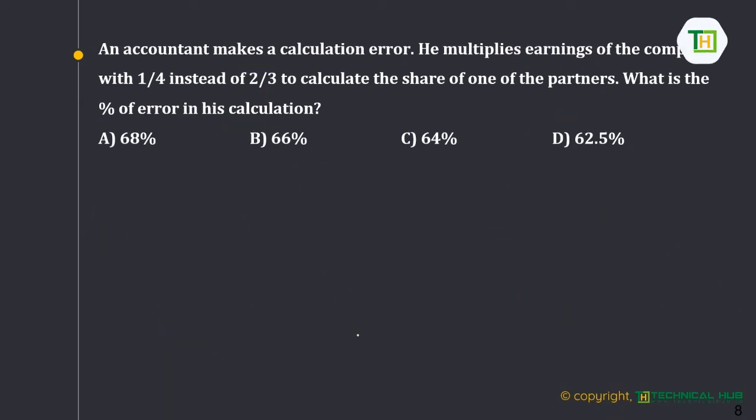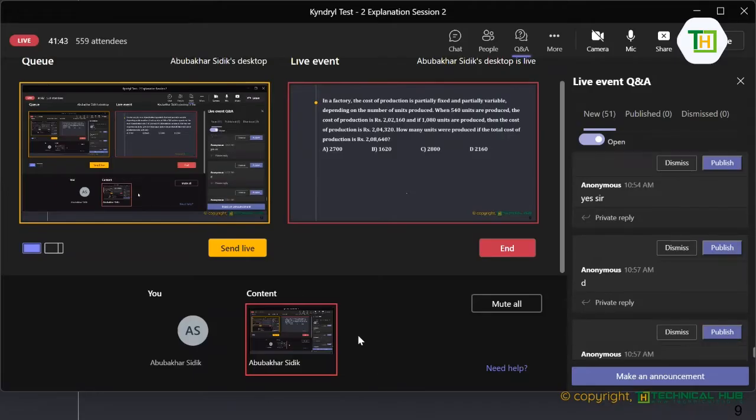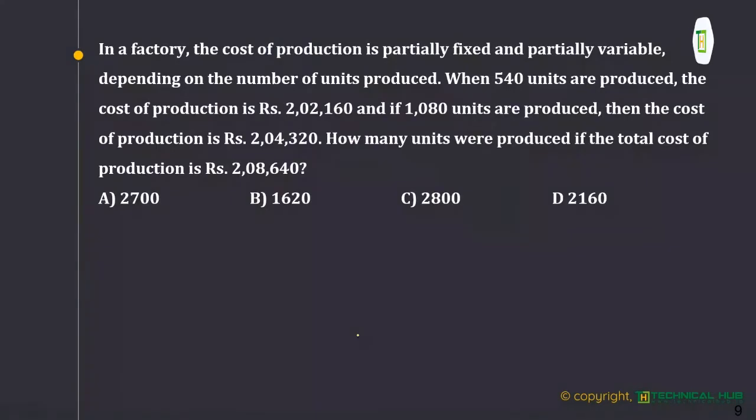So, next question. See this question. In a factory, the cost of production is partially fixed and partially variable.